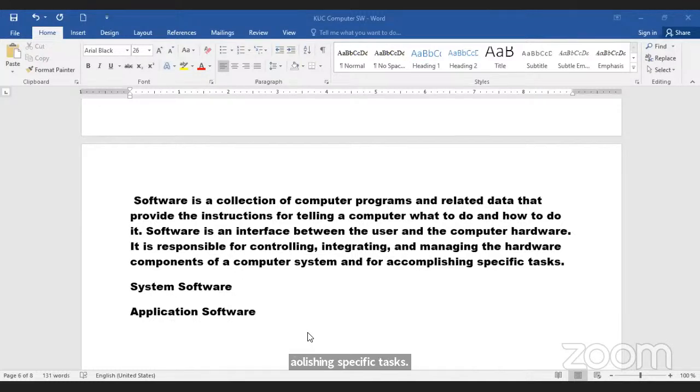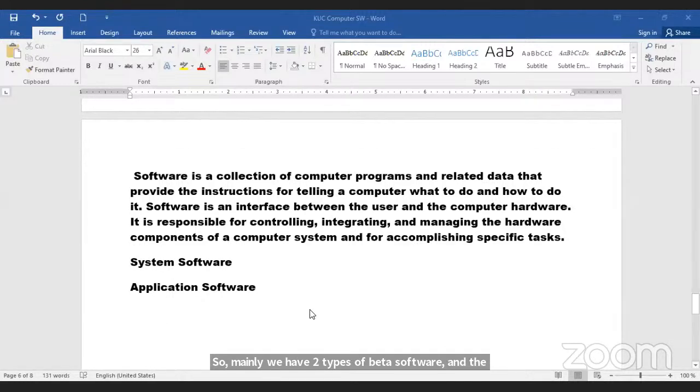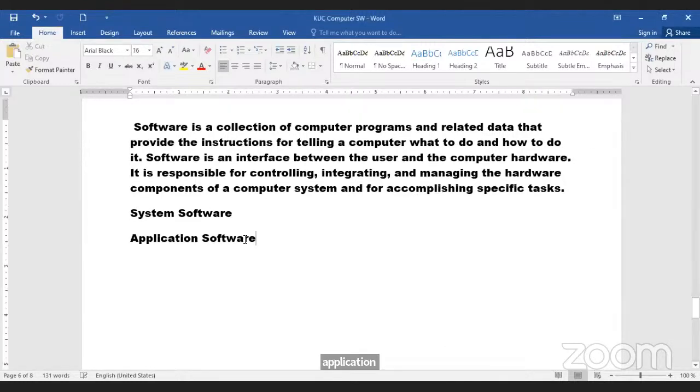So mainly we have two types of computer software, system software and application software. Although we have utility programs that we can add on this list. Then also we can add on compilers.